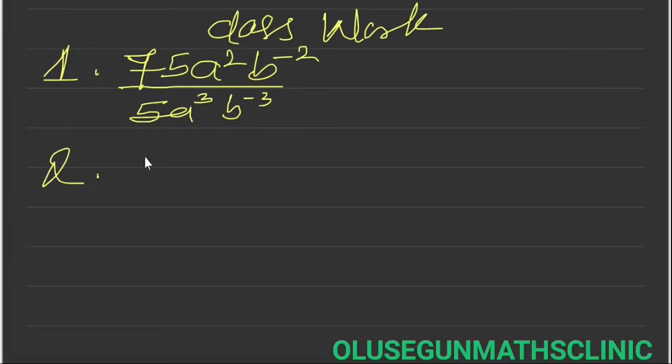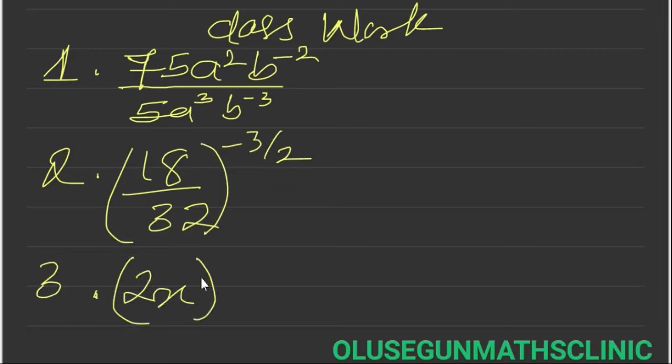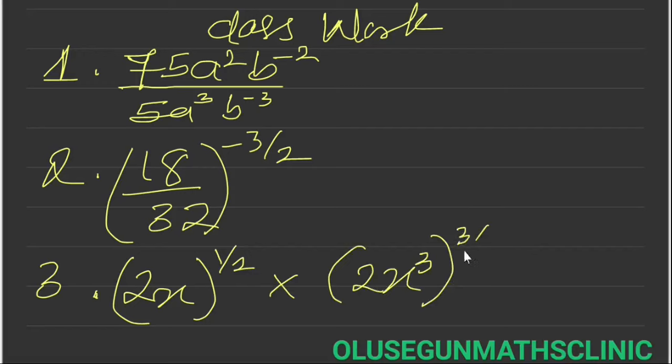Number 2, we have 18 over 32, all raised to power minus 3 over 2. Let's have another question. We have 2x raised to power 1 over 2 times 2x raised to power 3 over 2.